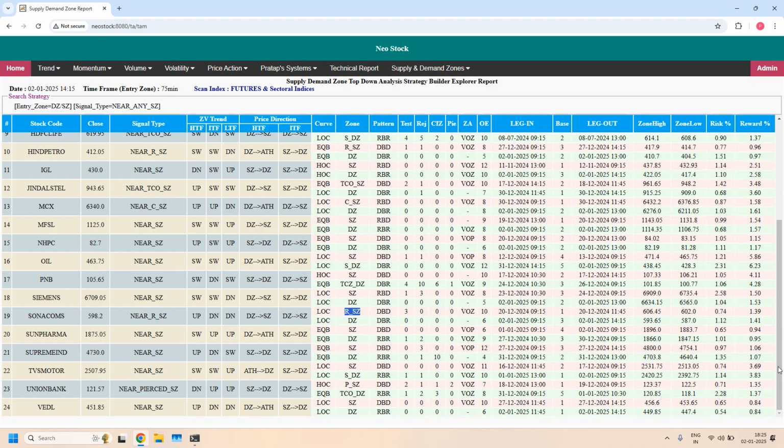That's it. We have identified 7 75 minutes high liquidity supply zones from this list.